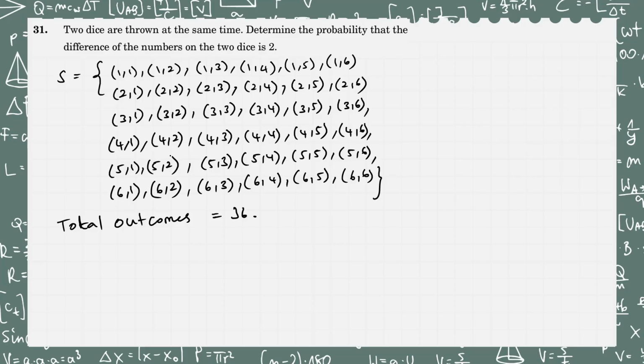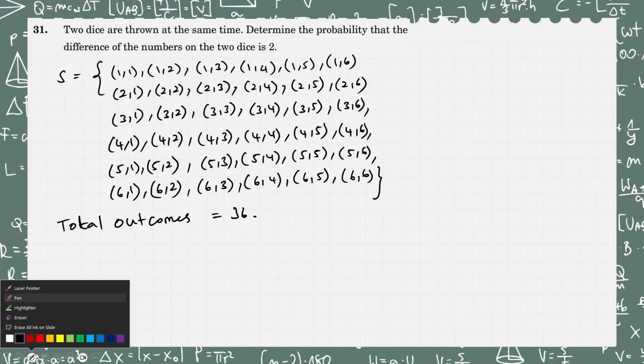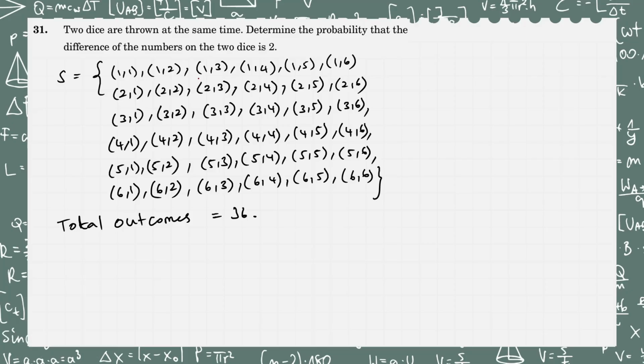So what they have given is the difference of the numbers on the two dice is 2. So it can be anyway. (1, 3) also has a difference of 2, and (3, 1) is also having a difference of 2. So both are accepted here, right?